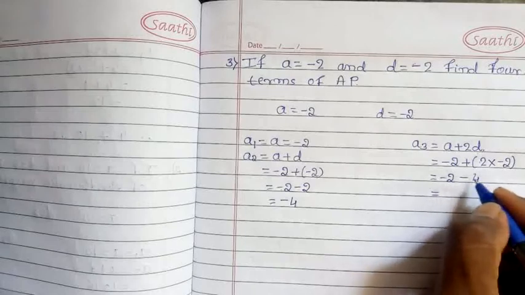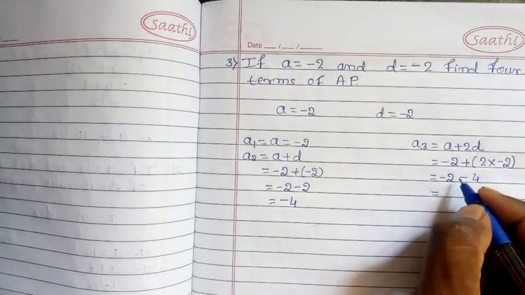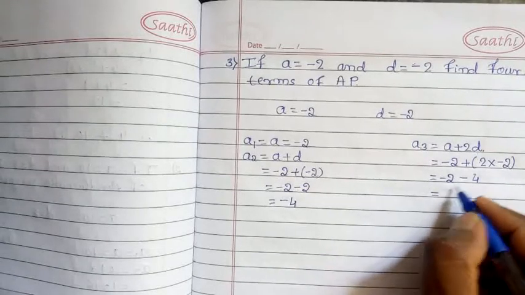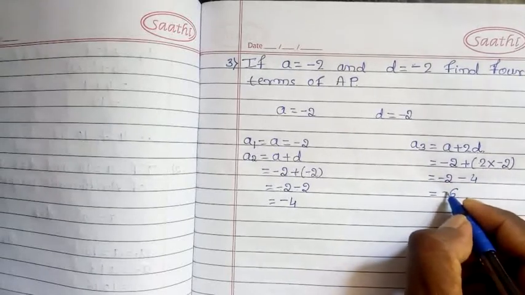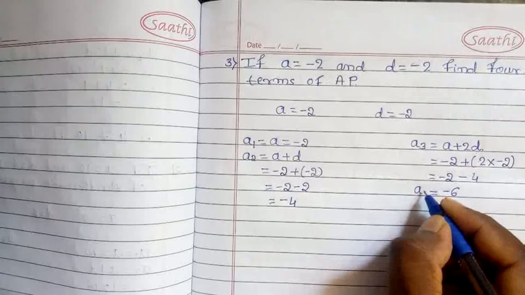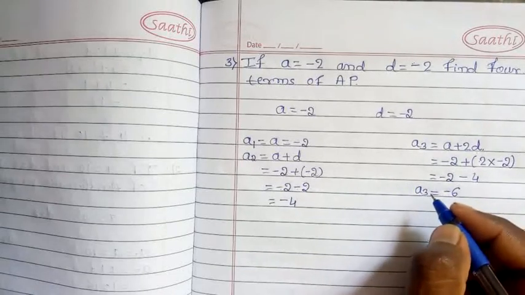Here also these two numbers have the same sign, add and put the same sign. 4 plus 2 is 6, so it is -6. The third term is -6.